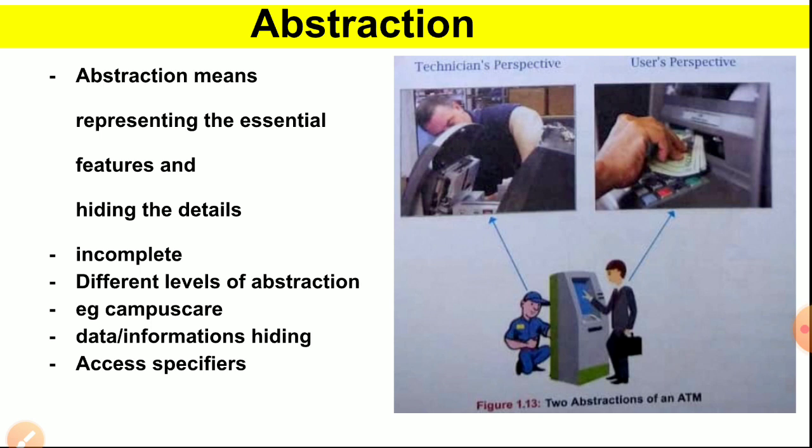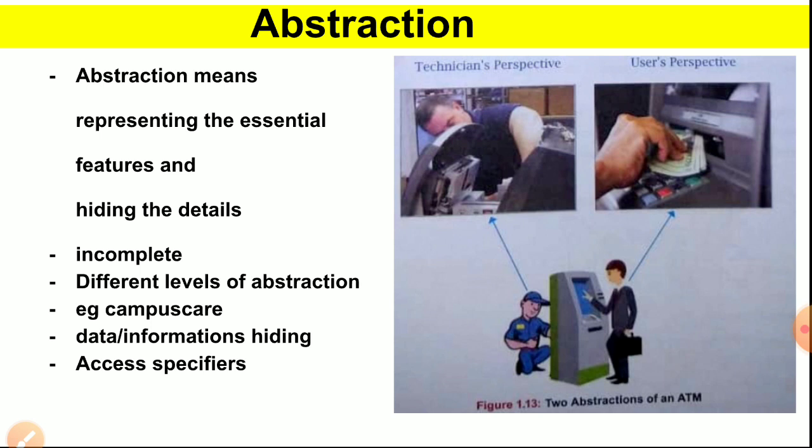Okay, for example, you cannot access employee record, or you cannot access any data related with management. Okay, it is there in the system, but you cannot view it, you cannot access it. This is the third example of abstraction.